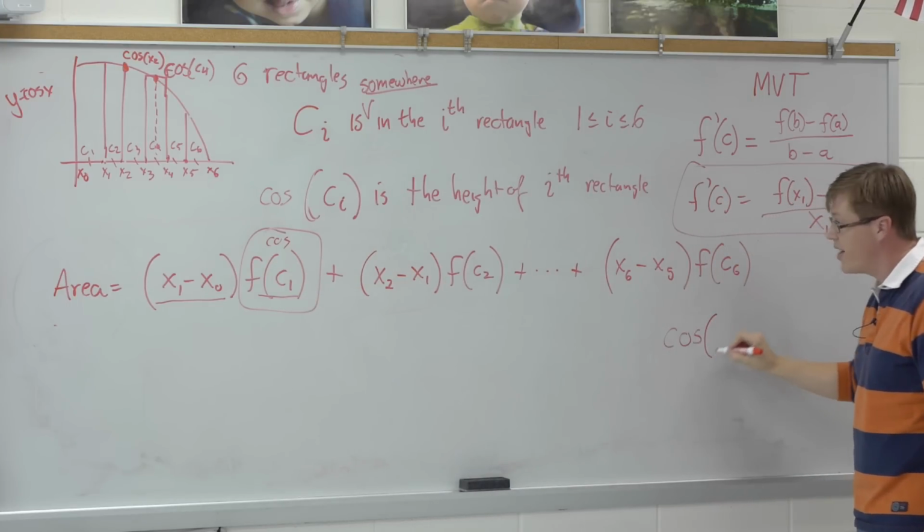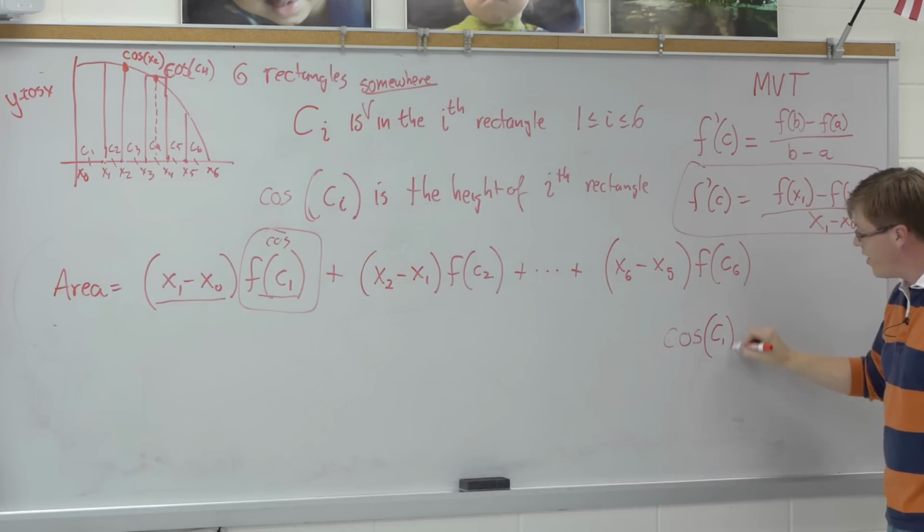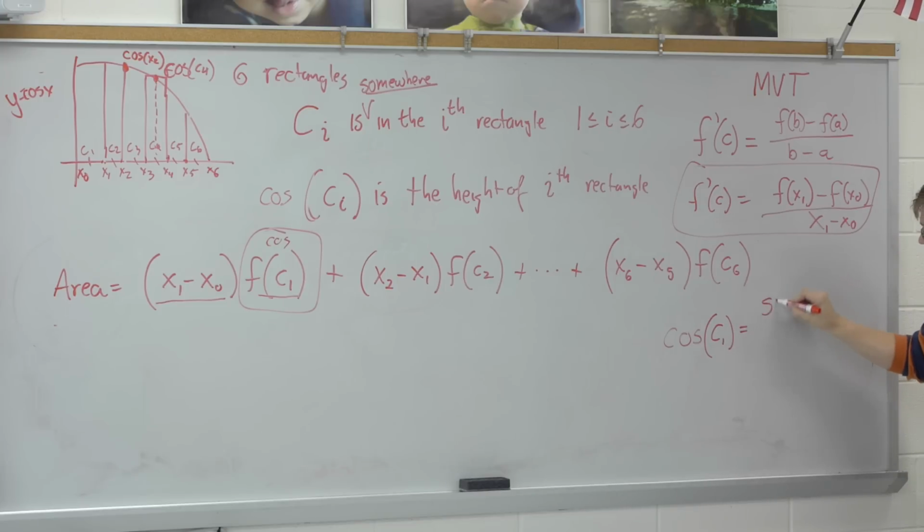So if I take the antiderivative, cosine of c1 is going to be the sine of x1 minus the sine of x0 over x1 minus x0. Now verify that this is just MVT, but what did I pick for f? What's my f function?